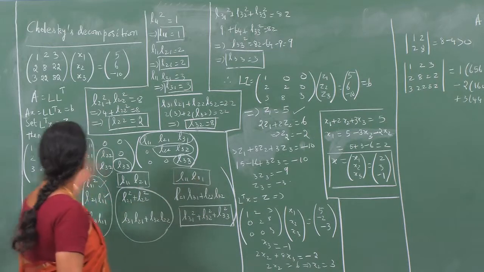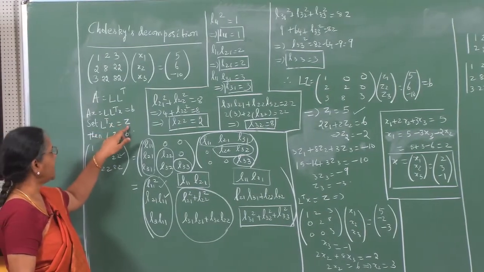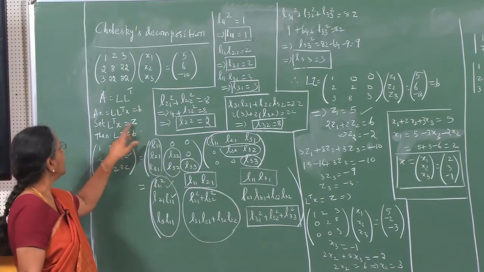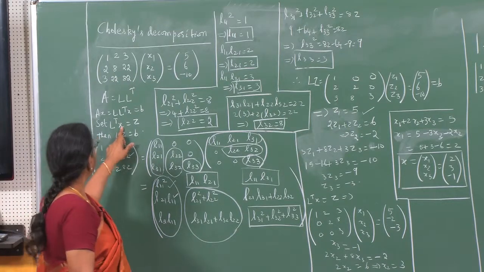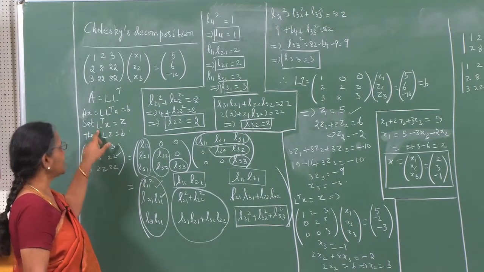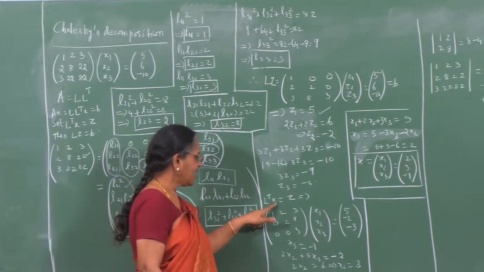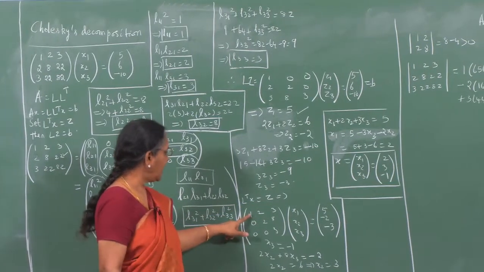So, we have to now solve the system L transpose X is equal to Z. Here Z is known because we already have solved for it. X is an unknown vector which has to be obtained. The coefficient matrix for this system is L transpose. So, write down L transpose.